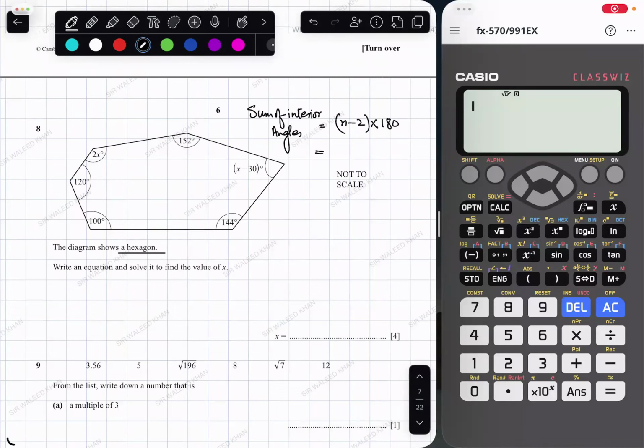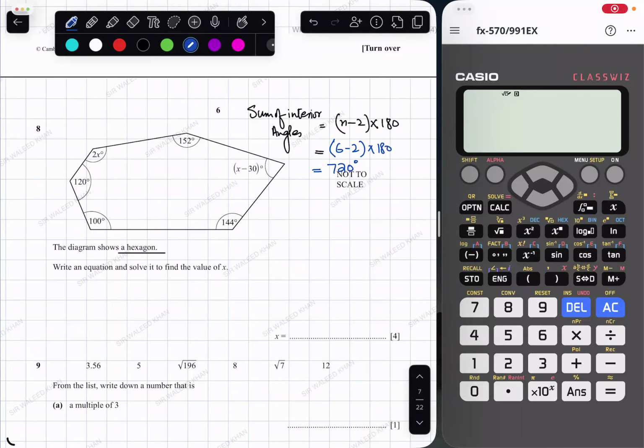Over here it is 6 minus 2 times 180, and we have 720. The interior angles sum up to 720.